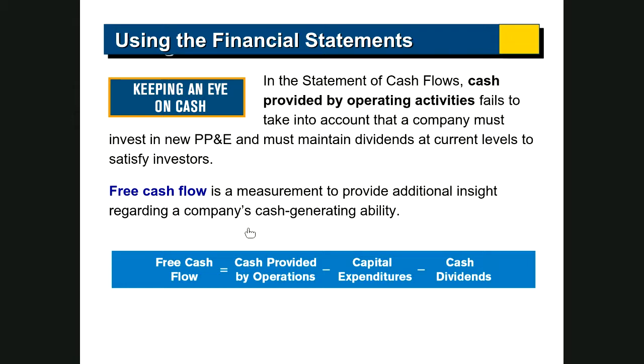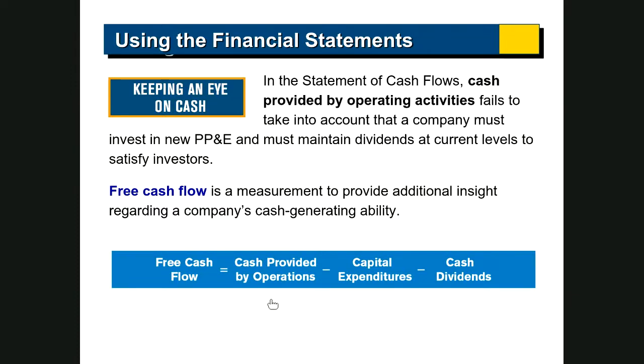There is another measurement which is called the free cash flow, and it gives an idea of the company's ability to generate cash. The way it's calculated is you take the cash provided by operations and subtract capital expenditures and cash dividends. Now, these are immediate expenses that are coming due from the cash that you have generated from your operations.